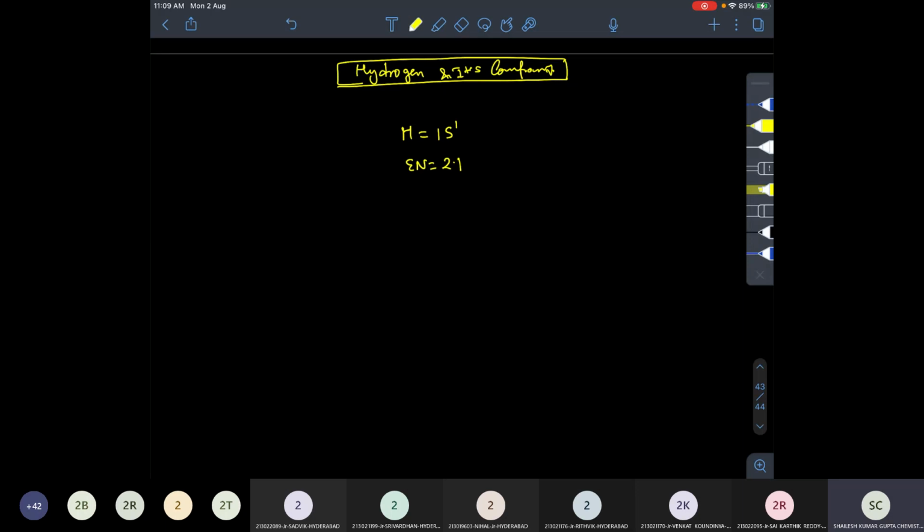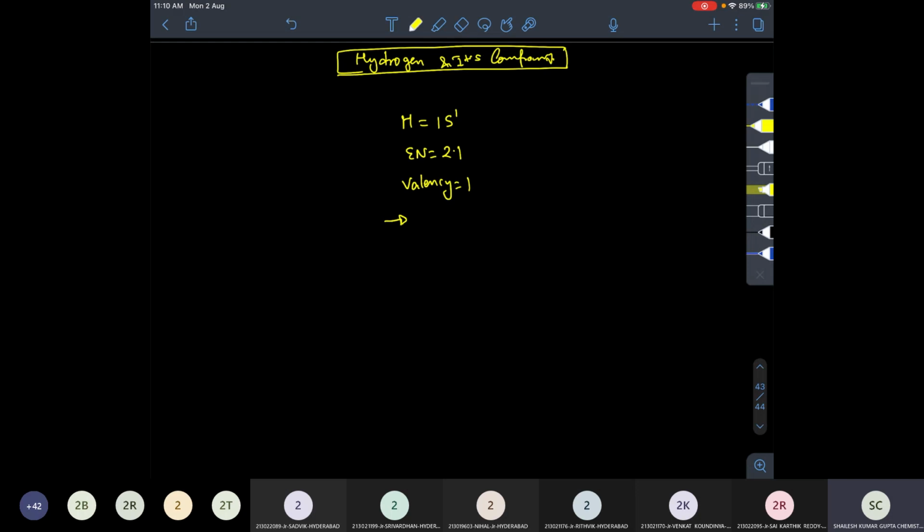Valency, obviously 1, sir. Okay, in nature, in which way does this hydrogen exist? At room temperature, even at higher temperature, unless it is going to dissociate, you will get H2 gas, it exists as H2 gas.